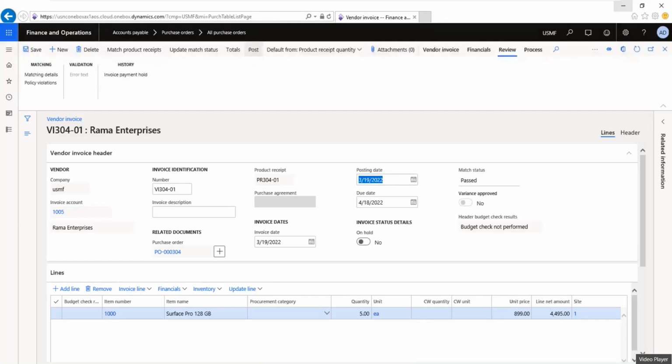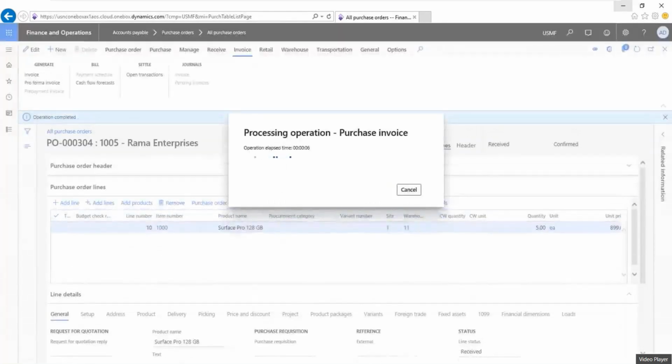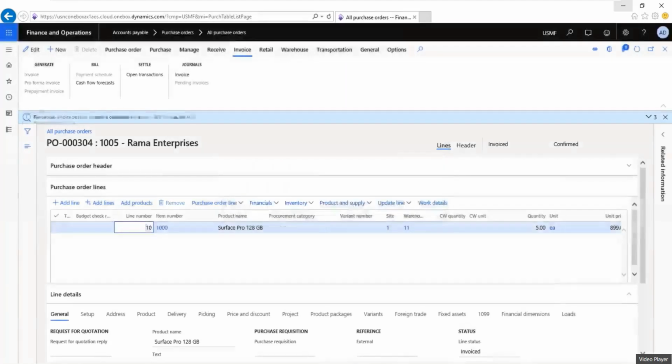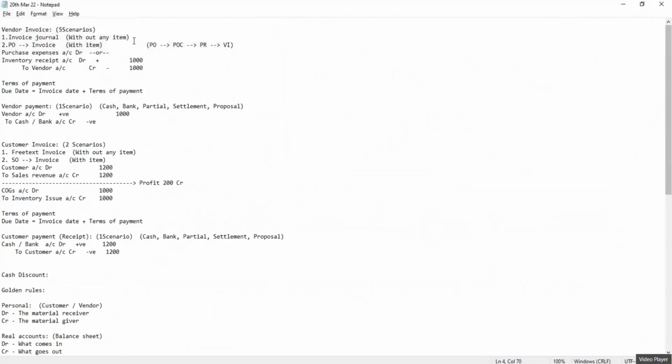So the invoice is updated. This is the second part, completed: vendor invoice without item.